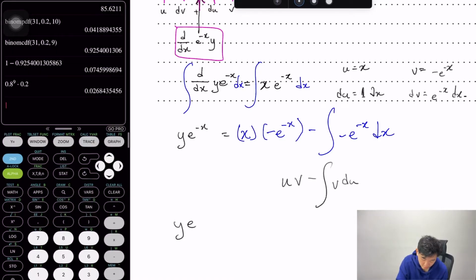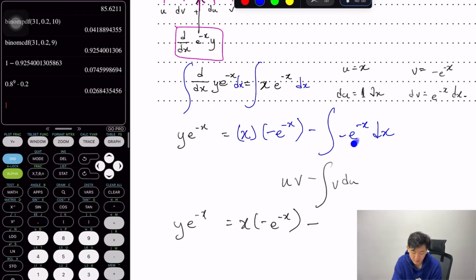Now y times e to the power of negative x equals negative x times negative e to the power of negative x. Then you subtract the integral of this one.